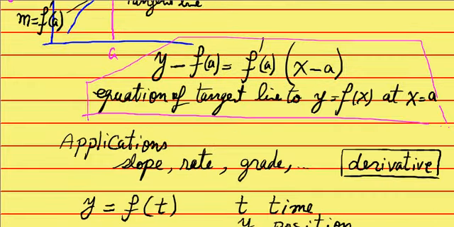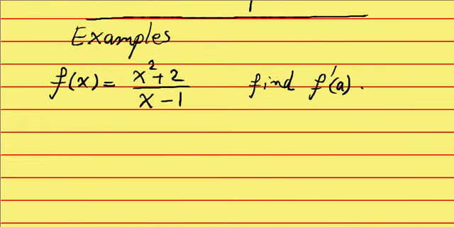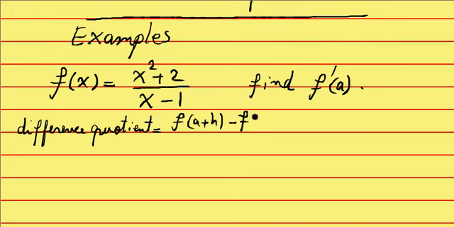So I'm going to use that kind of writing now, because the amount of writing might be too much, and as much abbreviation as we introduce is going to be helpful. So here is the difference quotient itself. Difference quotient is f of a plus h minus f of a divided by h.